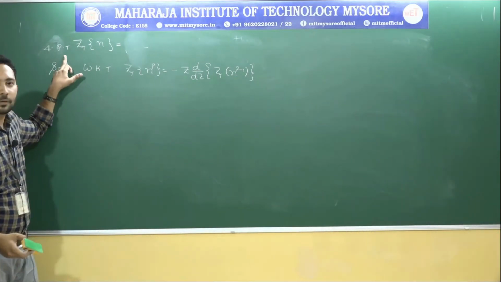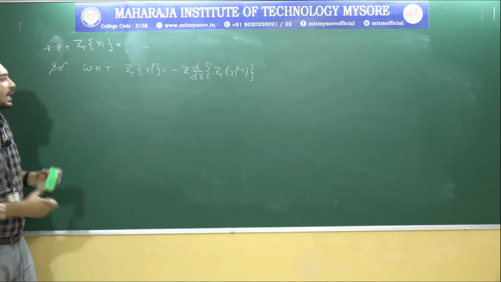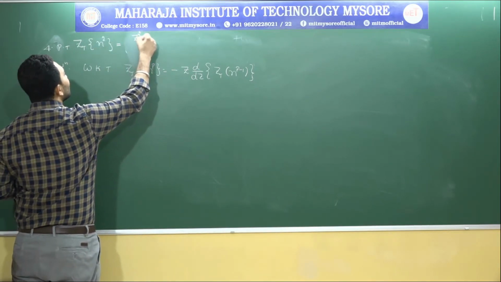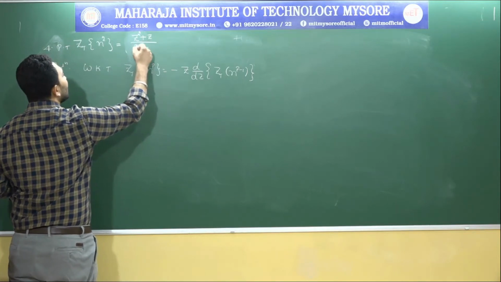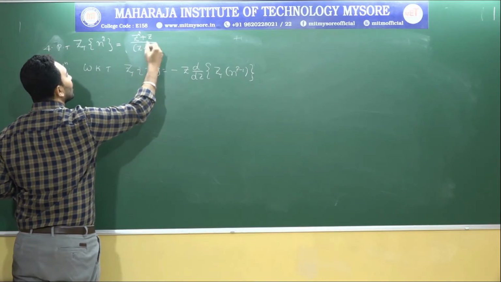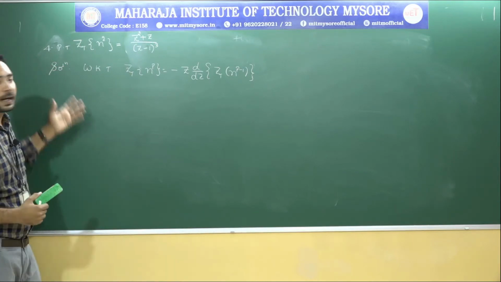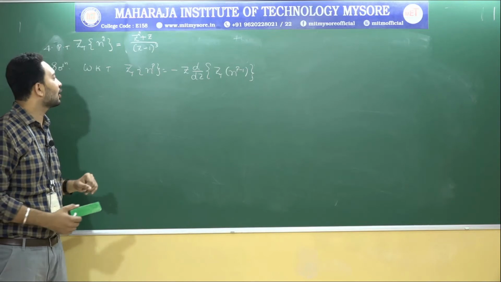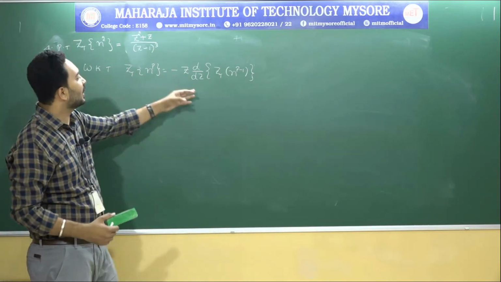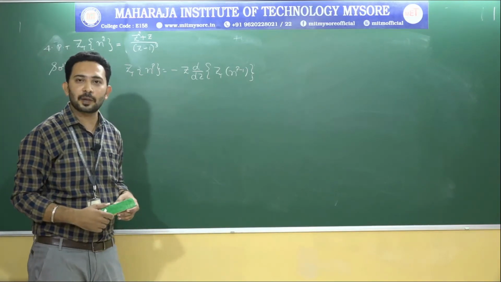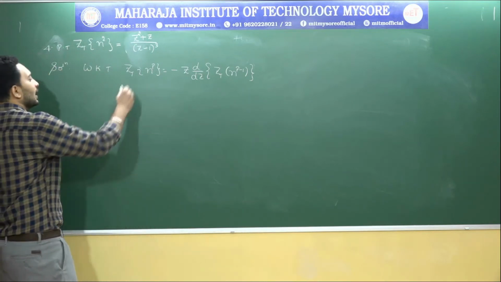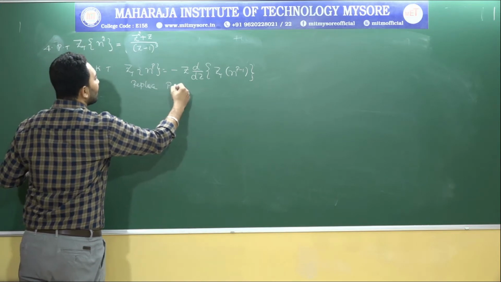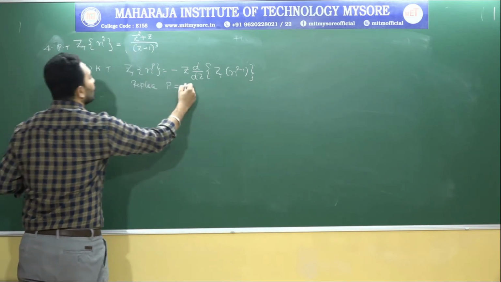And the next one, the fourth one: prove that the z transformation of n square is z square plus z divided by z minus 1 whole cube. As we did in the previous problem, we know that the z transformation of n power p is minus z d by dz of the z transformation of n power p minus 1. Again, replace p by 2.